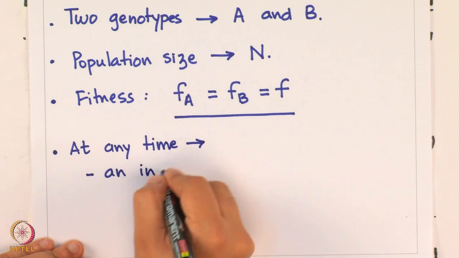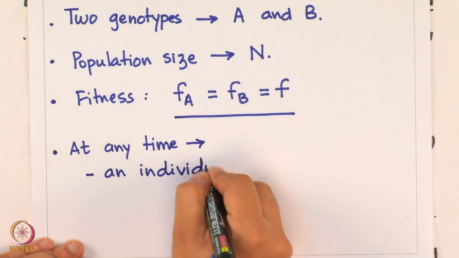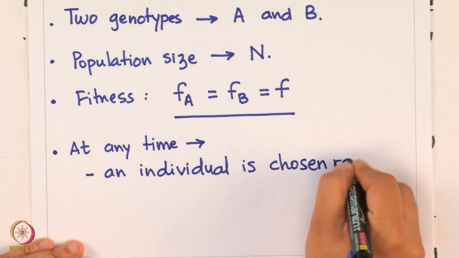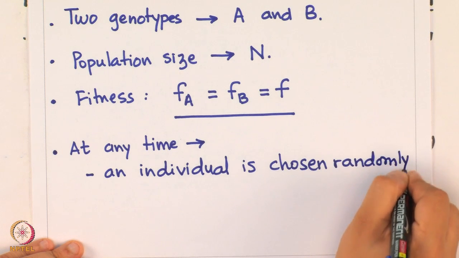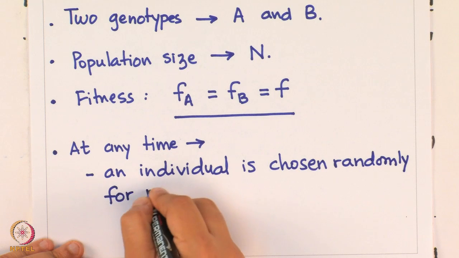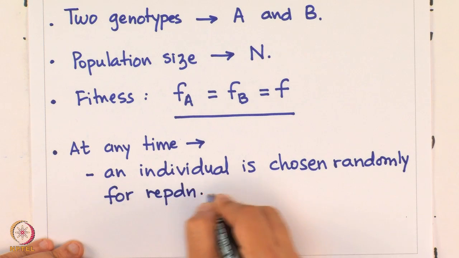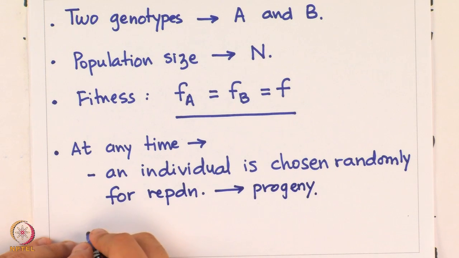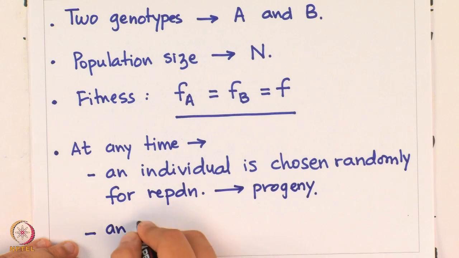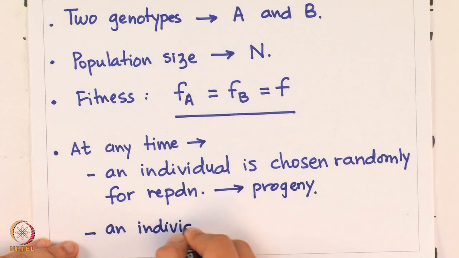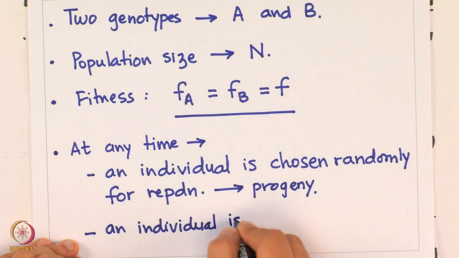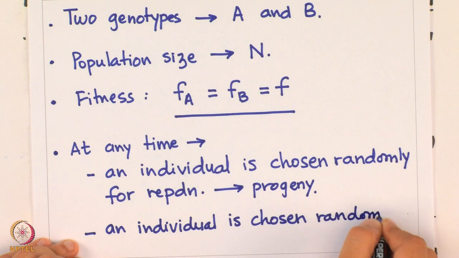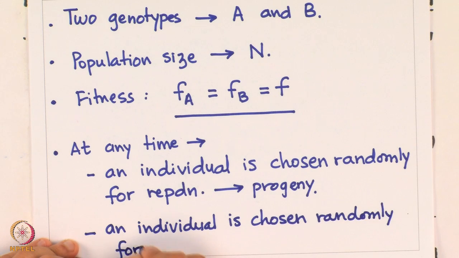An individual is chosen randomly for birth or for reproduction, which gives rise to a progeny, and an individual is chosen, again randomly, to represent death.